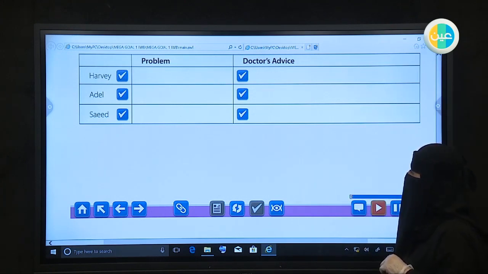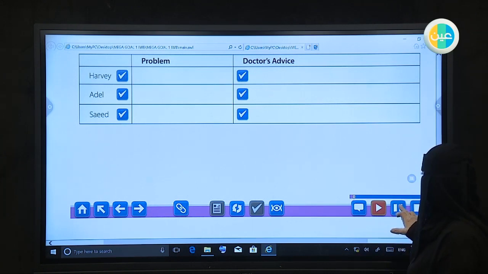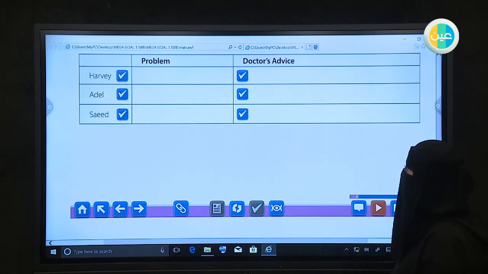Now, Harvey, what seems to be the problem? Well, doctor, whenever I look at myself in the mirror, I feel terrible. I'm putting on so much weight. Do you ever work out? Do you exercise? Not really. I spend a lot of time sitting at my desk playing games on my computer. What kind of food do you eat?